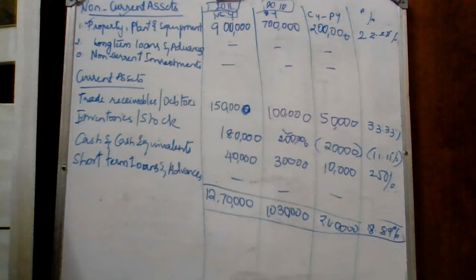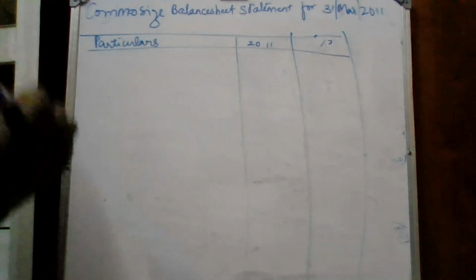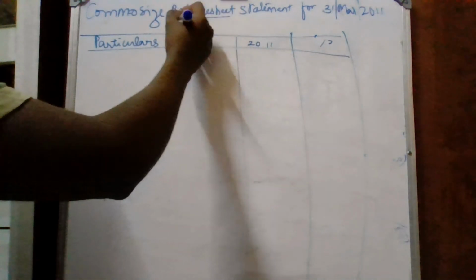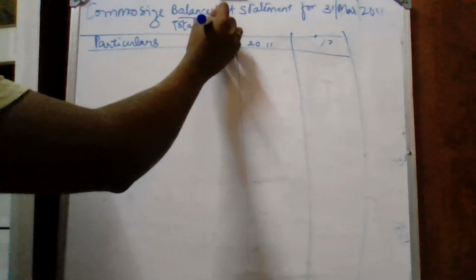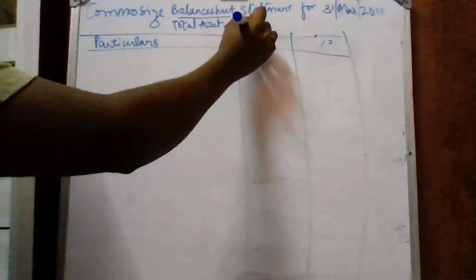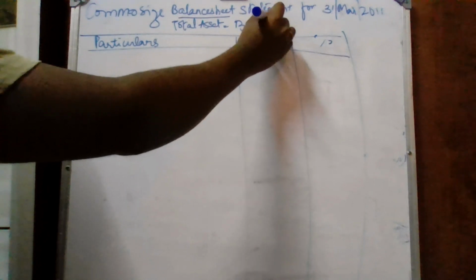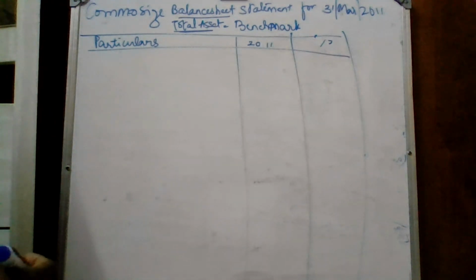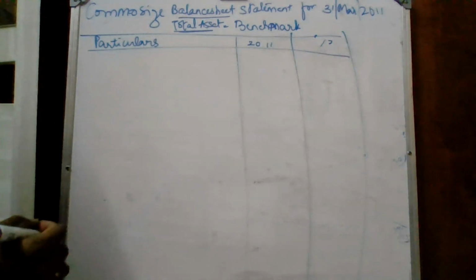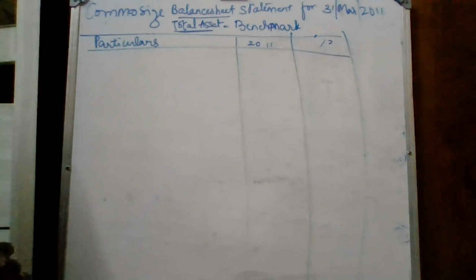In a common size statement in the balance sheet, we take total assets as the benchmark. We will compare all the other assets with the total assets, how much it is being segregated into, how much of current asset is under current asset, how much of total asset the trade receivable is.